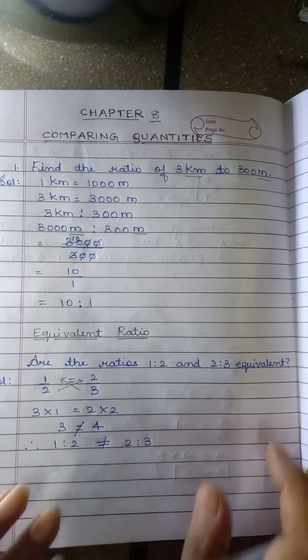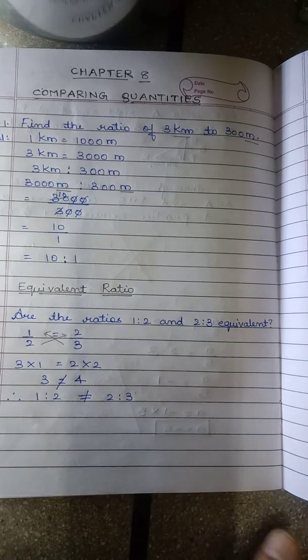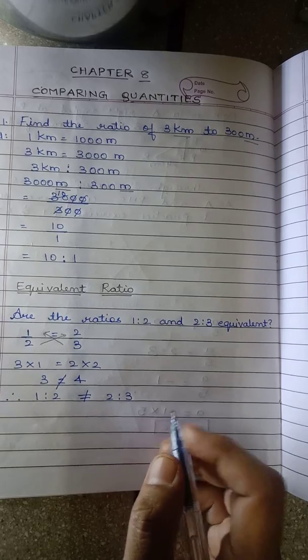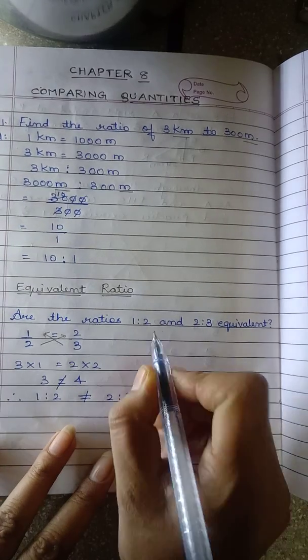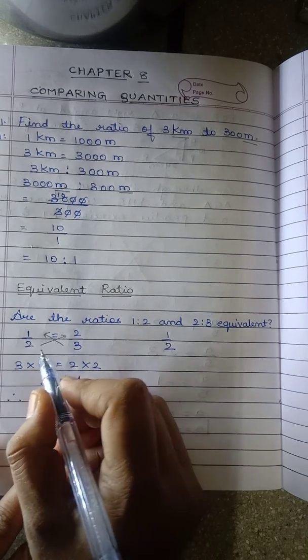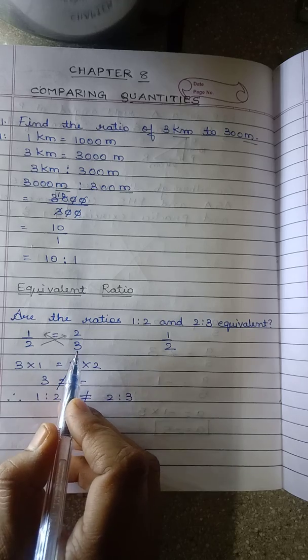Now one more method you have, that is by bringing the fractions or converting them into like fractions. Now 1/2 we can make the denominators the same. Here the denominator is 2 and here is 3.